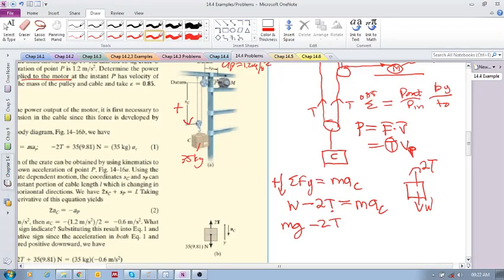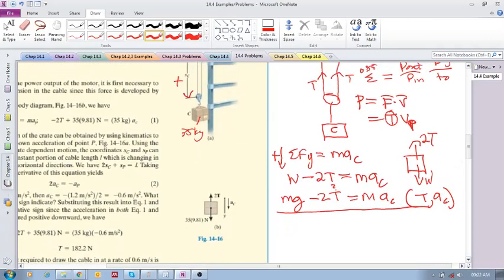We still don't know what T is, but we do know what mg is, and we know the mass is 35. The unknowns that we still have are T and the acceleration of the crate. We're looking for T, but we have 2 unknowns, so we can park this over there.